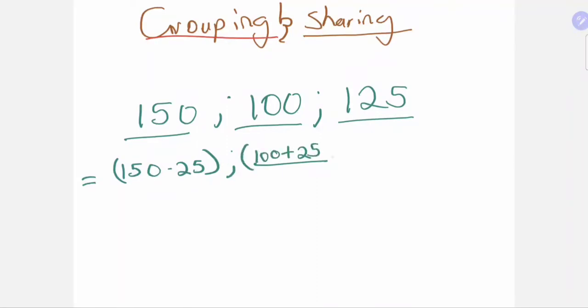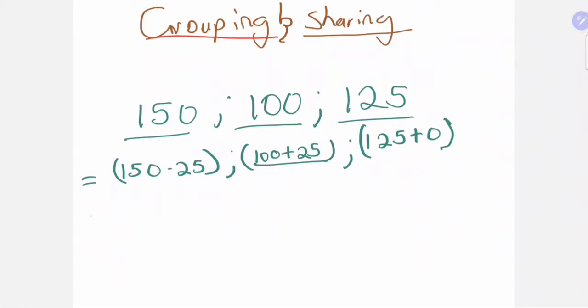You're adding 25 to make it 125. And for the third group, 125, we're not really doing anything here. So you could just say 125 plus 0, right? Remember, when you add 0 to any number, the answer becomes that number.